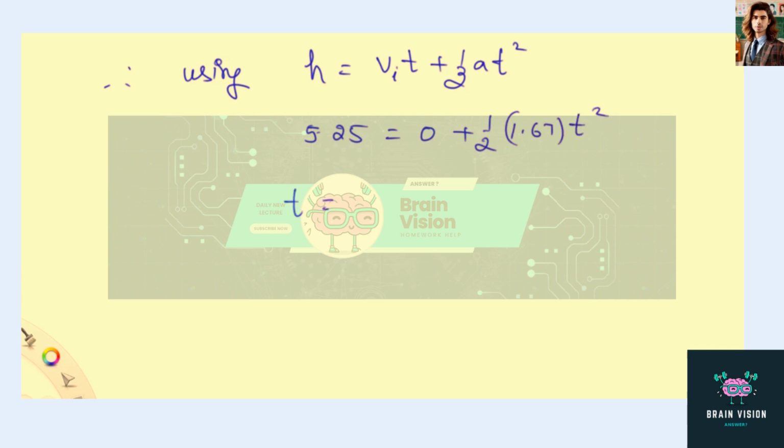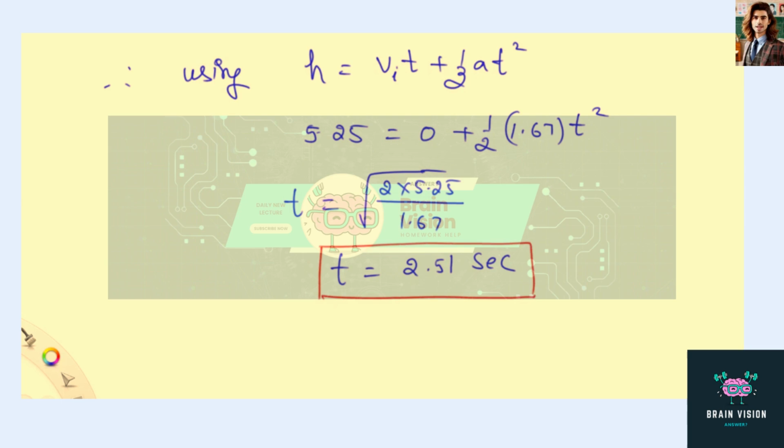So we get an expression for the time. t is equal to the square root of 2 times 5.25 divided by 1.67, and it comes out to be equal to 2.51 second. In this much time, the bucket will hit the ground. Answer for the fourth and the last part of this given problem here.